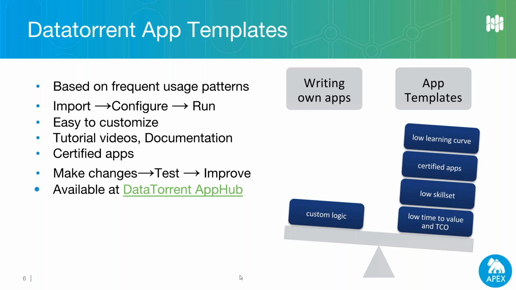There are a lot of tutorial videos and documentation for each app template, which you can see on the website datatorrent.com. And if you have a Hadoop cluster, you can install Datatorrent RTS and import these apps using App Hub. I will show you a demo as well. The main reason for creating these app templates was making it easy for users to quickly start developing applications.